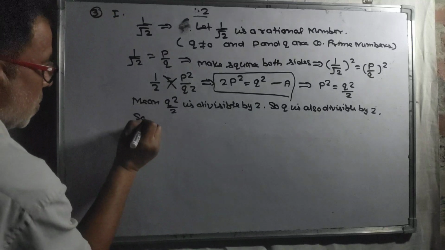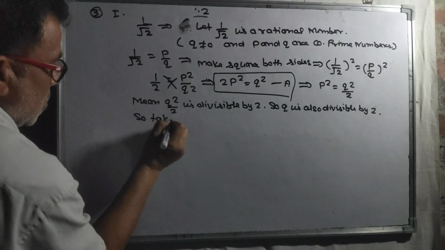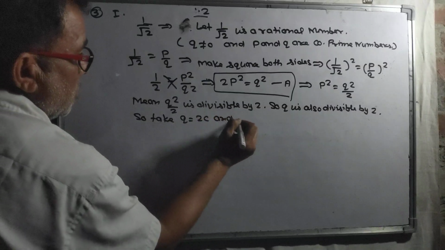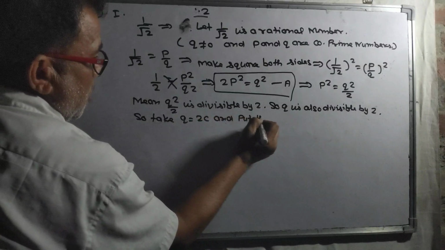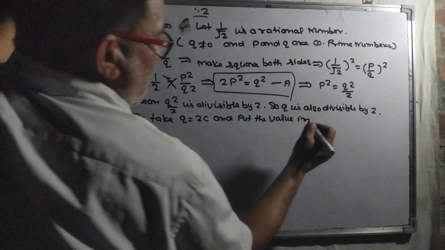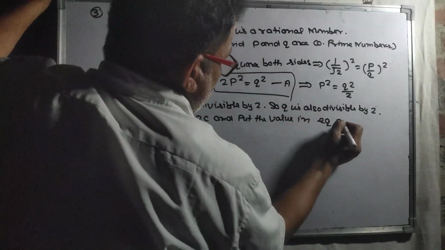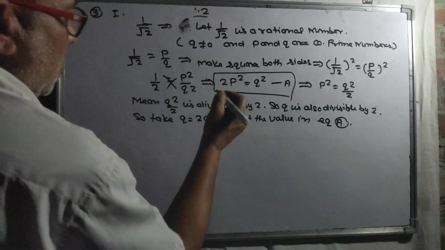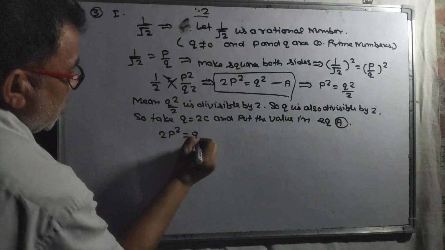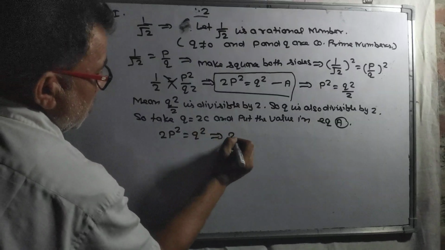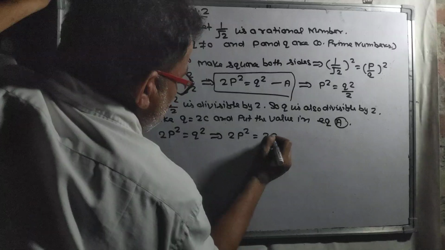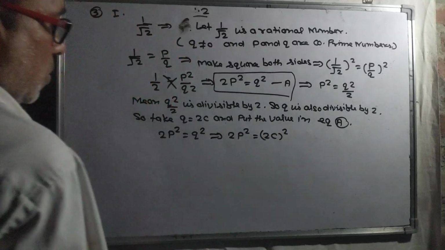So take q equal to 2c and put the value in equation A. What is equation A? 2p square equals q square, so 2p square equals (2c) whole square.